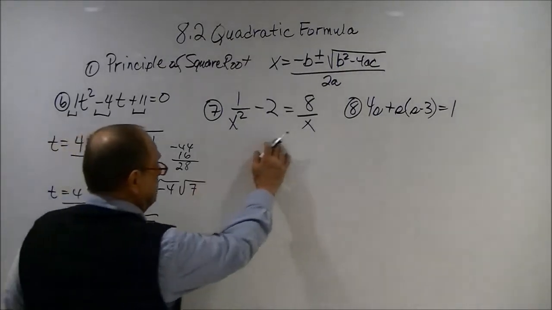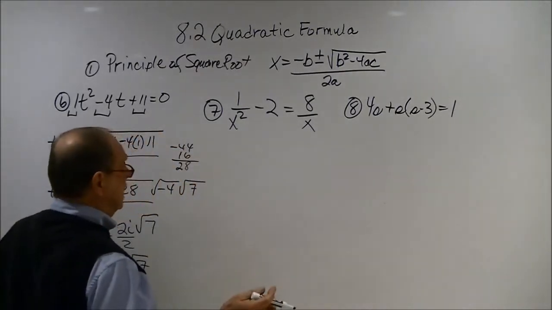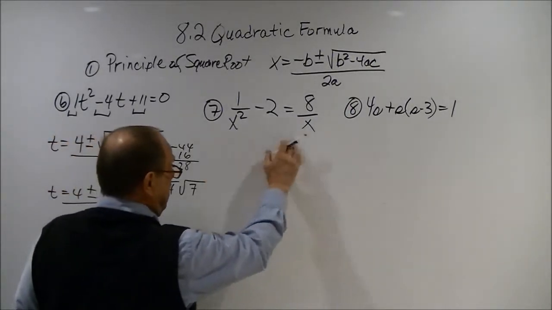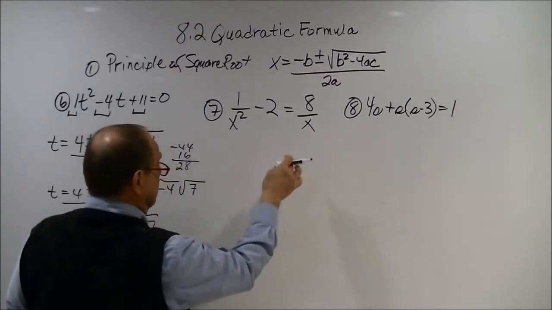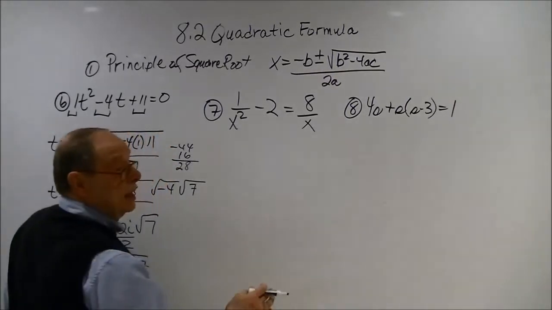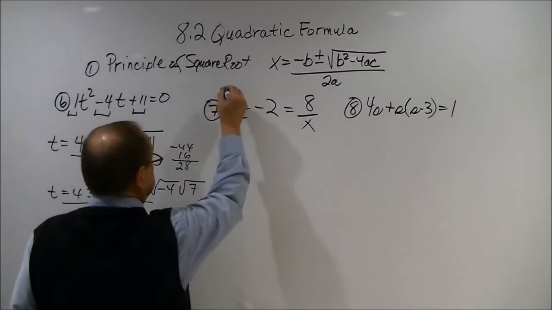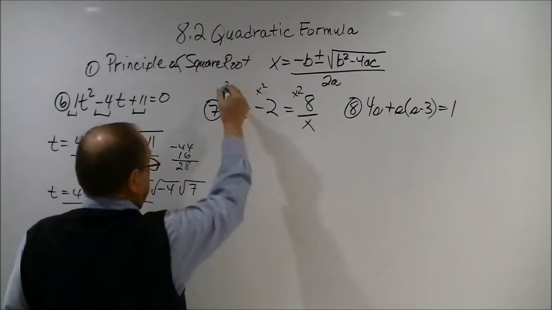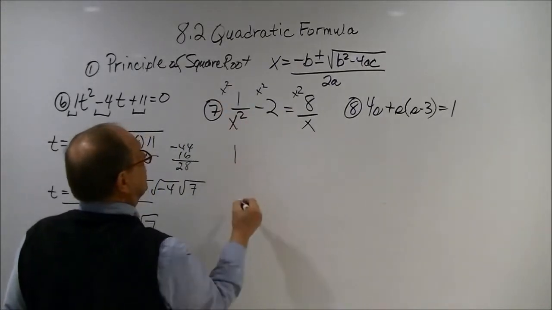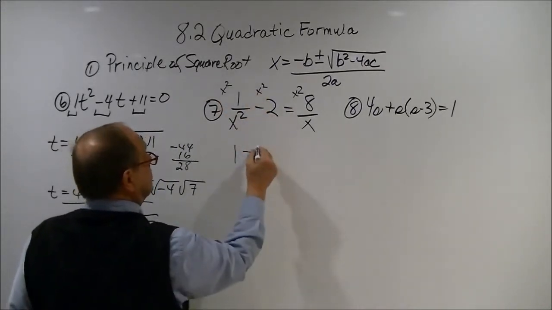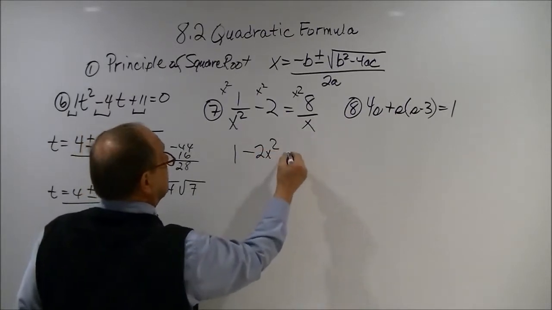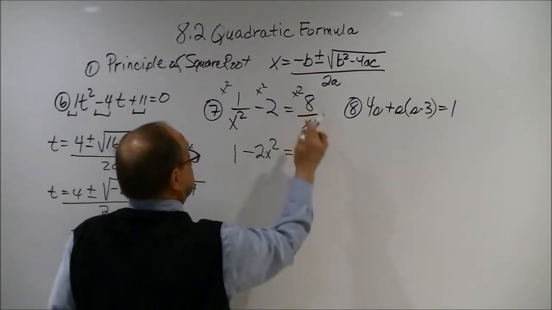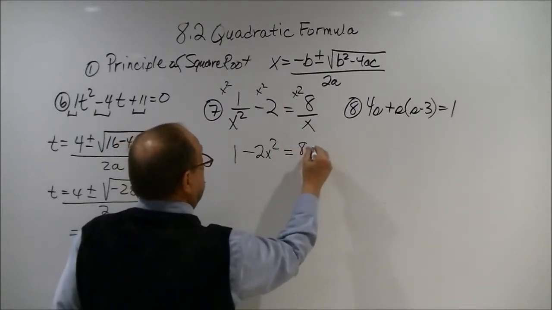All right, for this one, takes us back to, I believe, chapter 6, where we have fractions, and we have to multiply every term by the lowest common denominator, which happens to be x squared. So here the x squares cancel out. We end up with a 1 minus 2x squared equals, here one of the x's cancel out, and you end up with 8x.